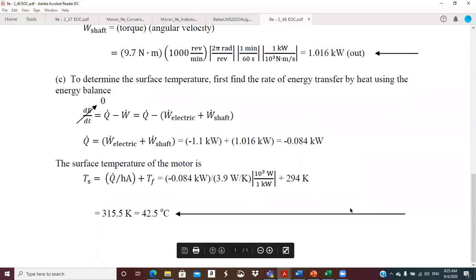So let's go on to the steady state energy balance. The first law for a closed system on a rate basis is dE dt, the rate of change of energy within the control volume with respect to time, equal to the net rate of heat transfer minus the net rate at which work is done by the control volume, okay?